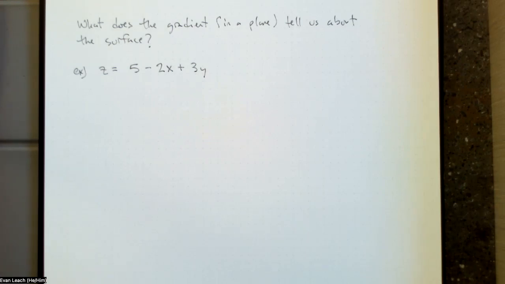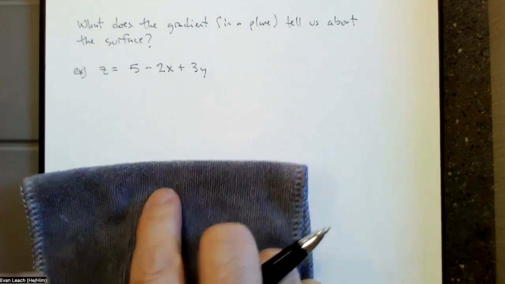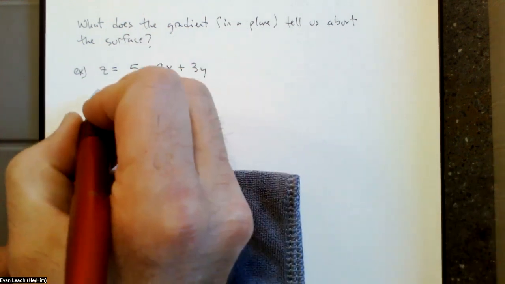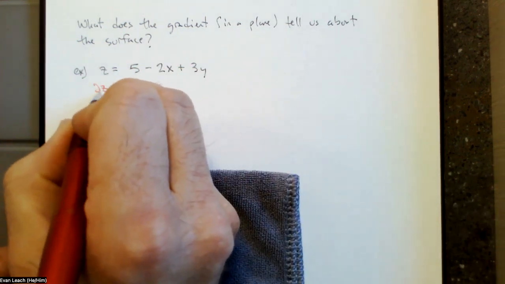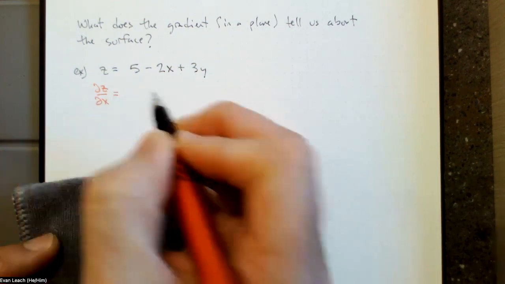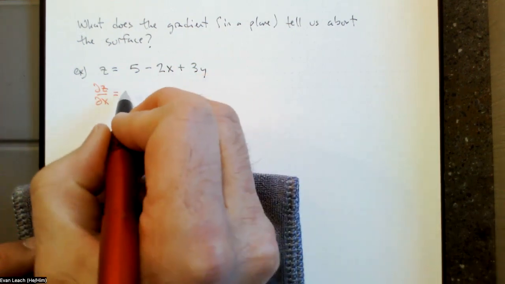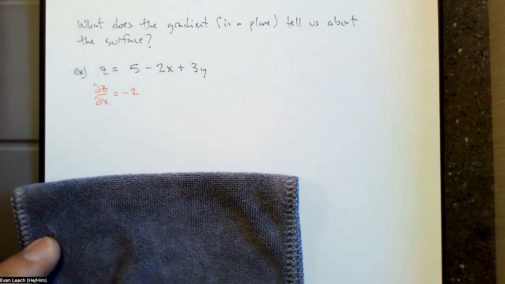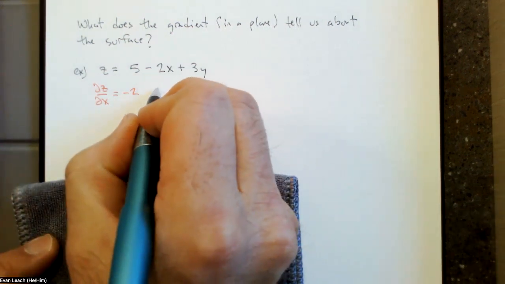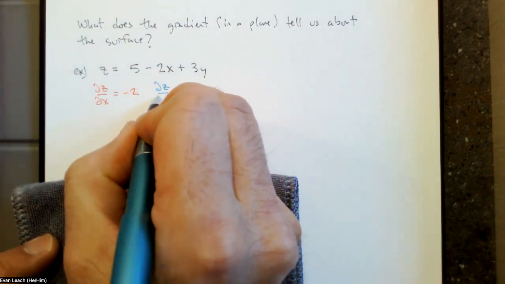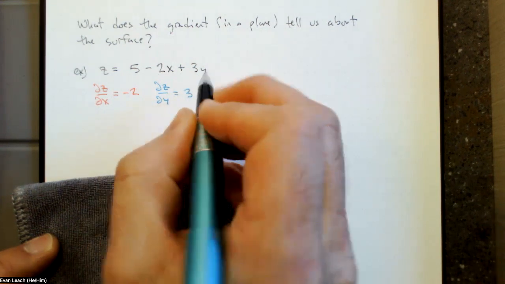So first of all, let's calculate the gradient. Oh, I wrote z and not f, so I'm going to have to write dz/dx. The partial of z with respect to x is just -2, and the partial of z with respect to y is just 3.